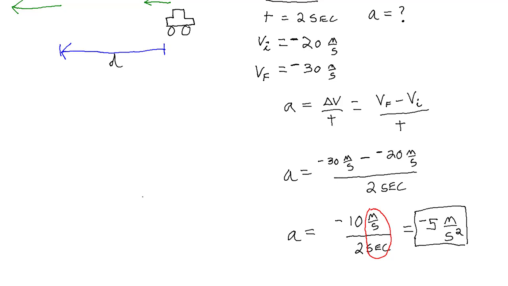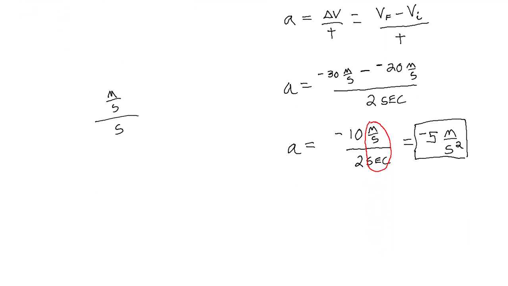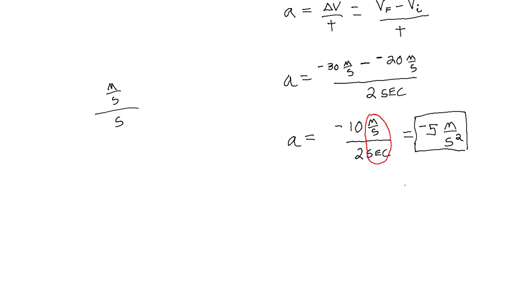If I think about the units in my equation, I'm taking meters per second and dividing it by seconds. Now, technically, this is one way you could write the unit for acceleration. So I could technically write negative 5 meters per second squared as negative 5 meters per second per second. And that's technically acceptable.